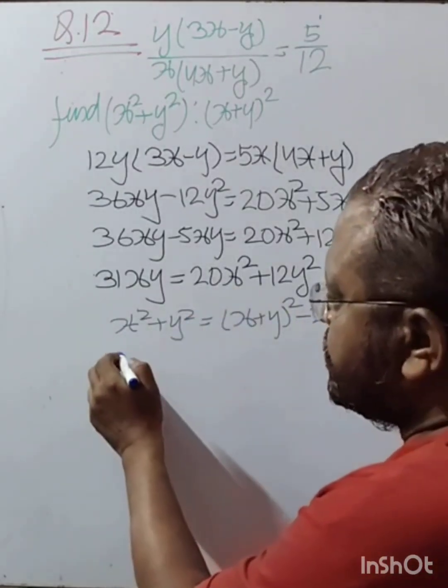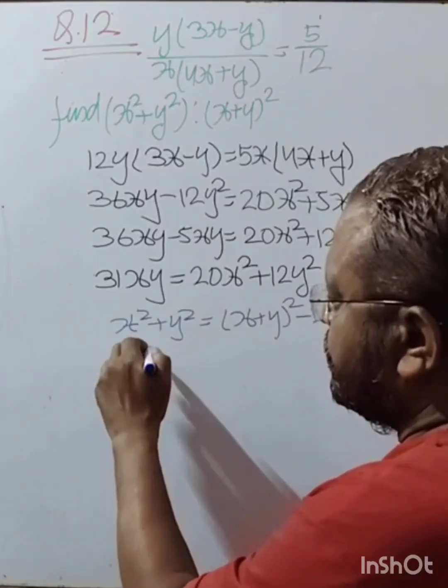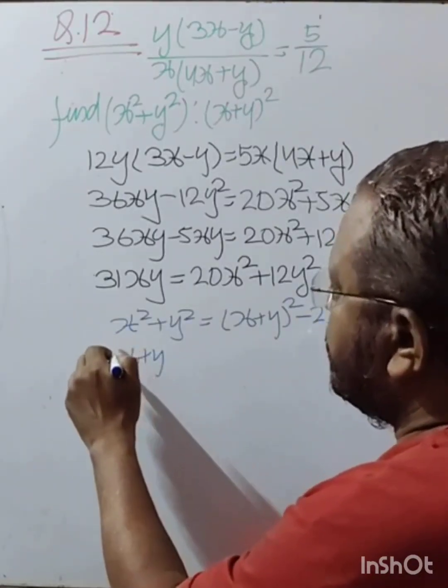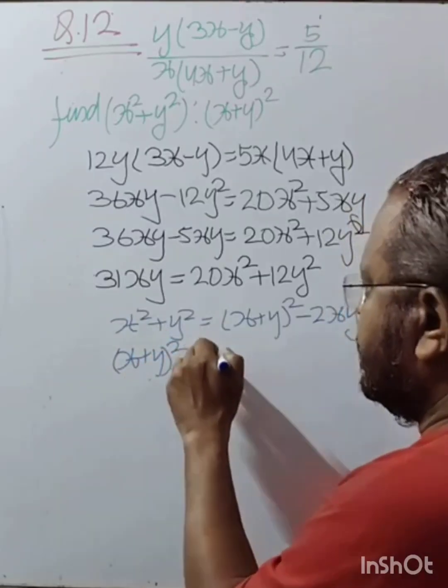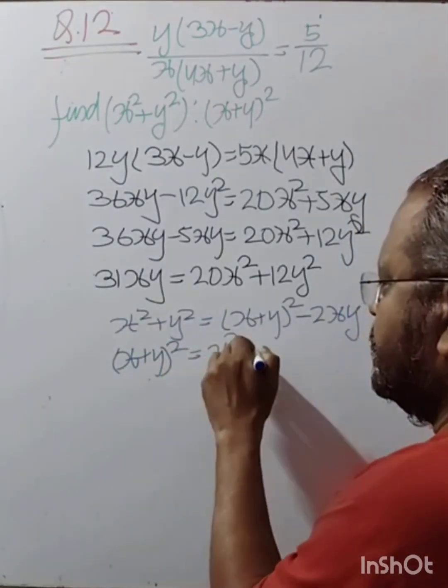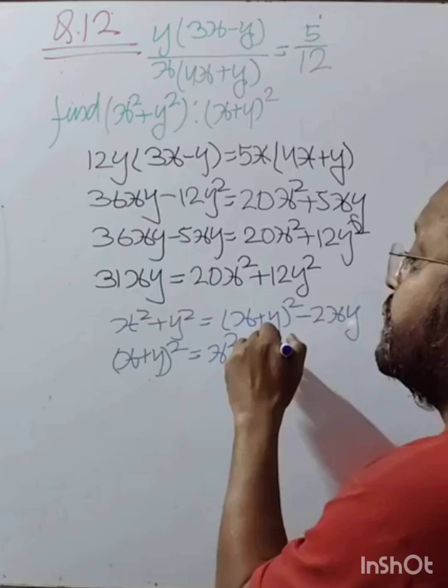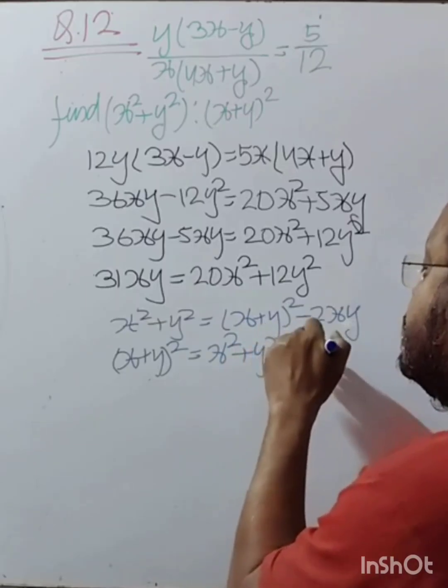And (x plus y) whole square is equal to x square plus y square plus 2xy.